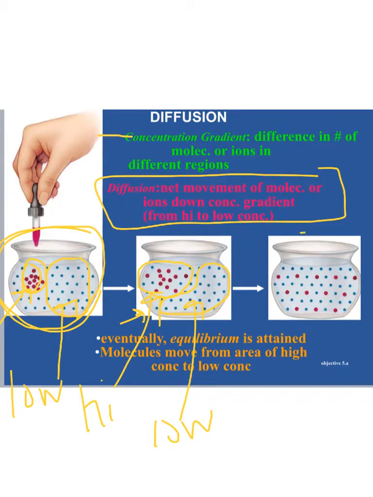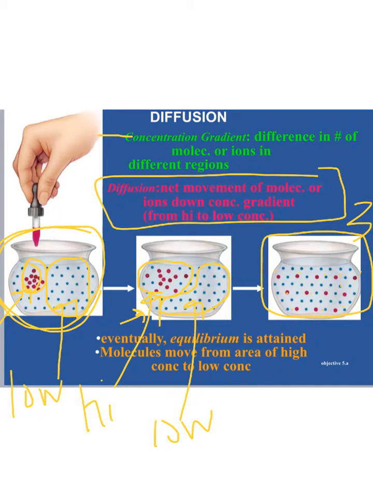So we get the third flask here that looks like this. And you can see here we no longer have a concentration gradient. There is no difference. We can't pick a region where there are more colored dye particles and fewer colored dye particles. They are evenly distributed throughout the water, and so we no longer have a concentration gradient.